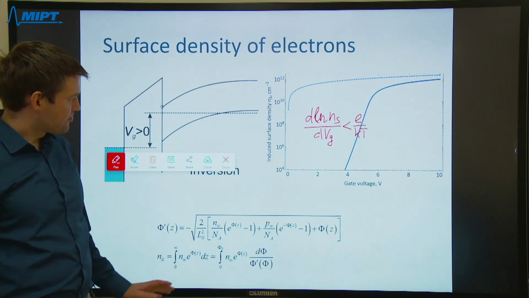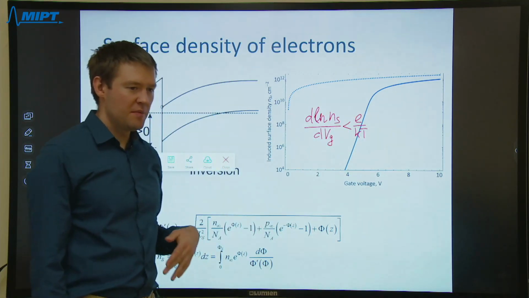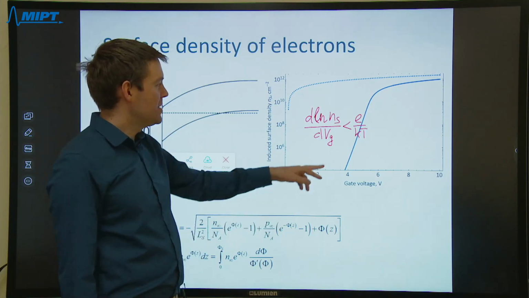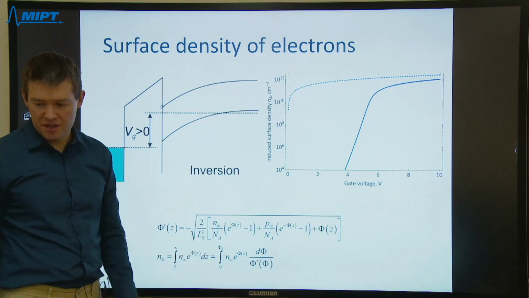So this switching off of the transistor typically obeys the Boltzmann type law and is limited by elementary charge divided by thermal energy.